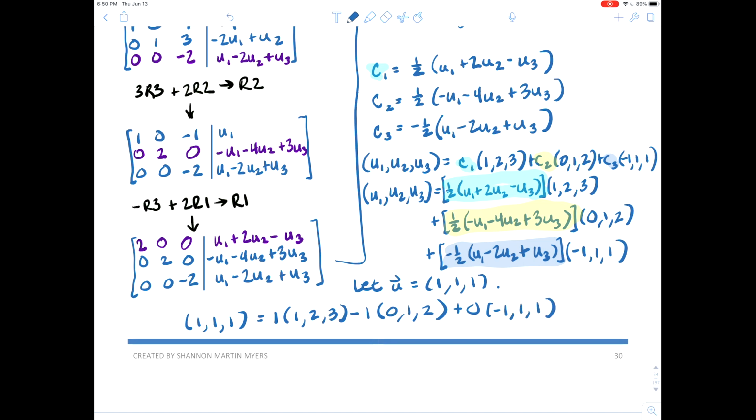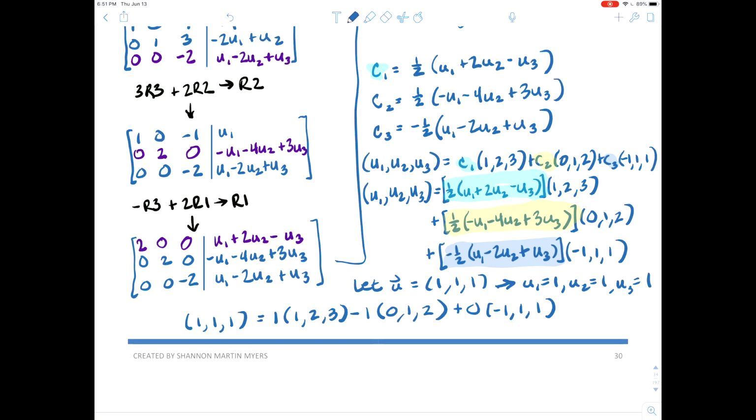So let's see if that works. Remember, this here meant that U1 was 1, U2 was 1, and U3 was 1, by the way. So let's check it out. Does it work? If I have this vector 1, 1, 1, is it equal to this combination? Well, 1 minus 0 plus 0 is still 1, so that works. Second component, 2 minus 1 is 1, plus 0 is still 1, that works.